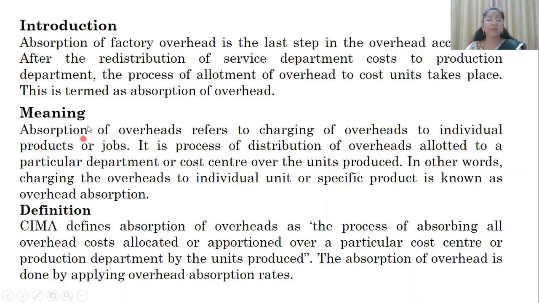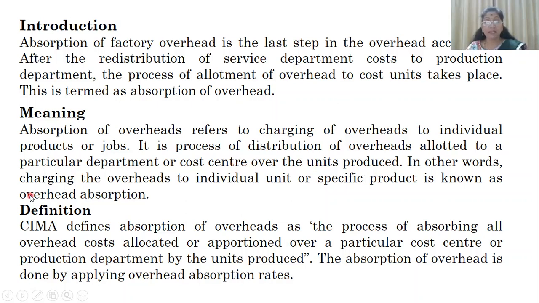Next, meaning: absorption of overheads refers to charging overheads to individual products or jobs. It is the process of distribution of overheads allotted to a particular department or cost center over the units produced.